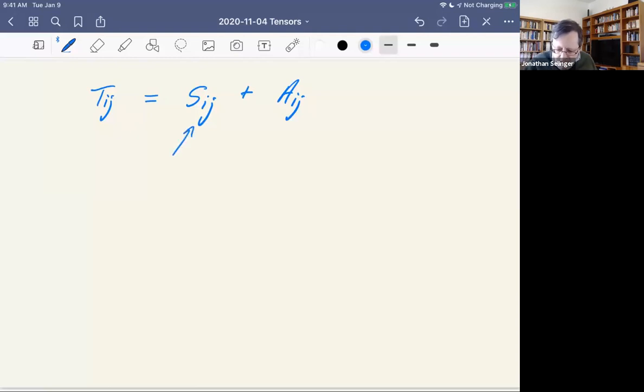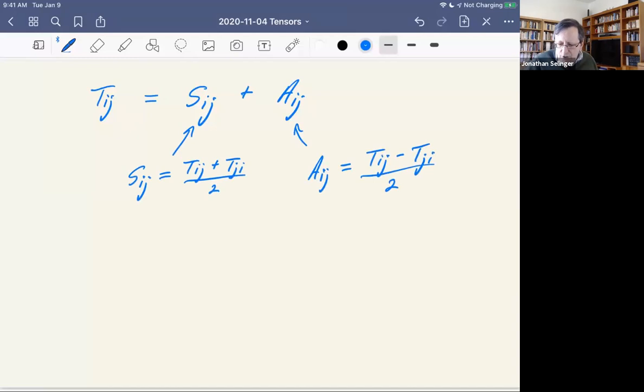The symmetric piece is Tij plus Tji over 2, and the anti-symmetric piece is Tij minus Tji over 2.